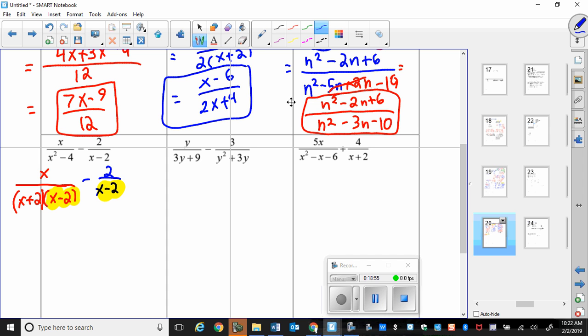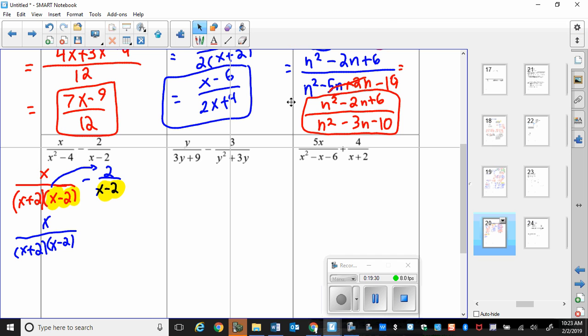That means for x plus 2, I need to multiply it on the right rational, the right side of the fraction. I don't have to do anything to x over x squared minus 4 because x minus 2 is already in that rational. It's already a part of the denominator. So that's going to leave me in a situation where I have x over x plus 2, parentheses, x minus 2, right?